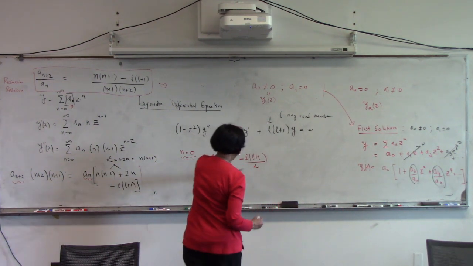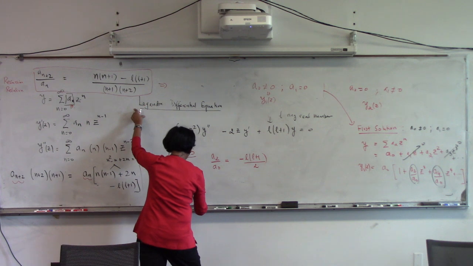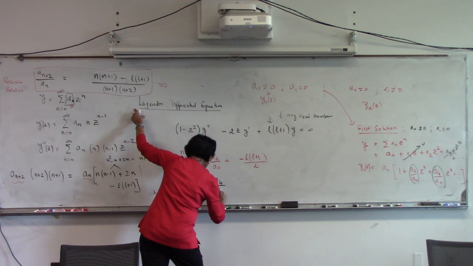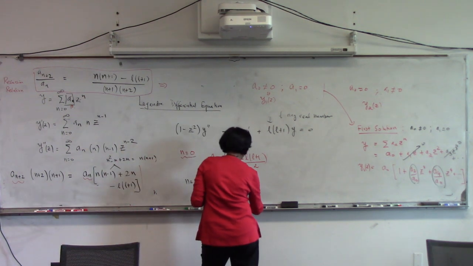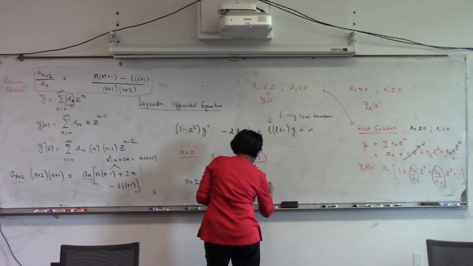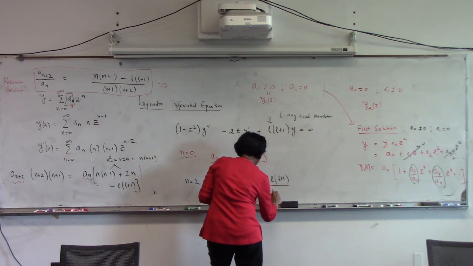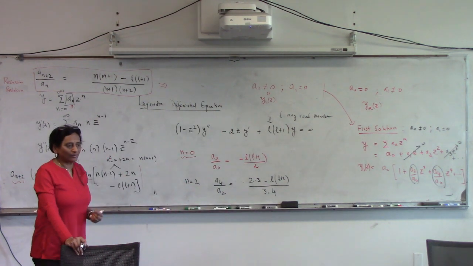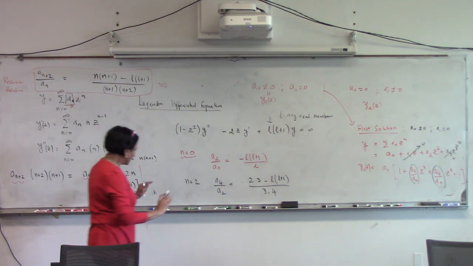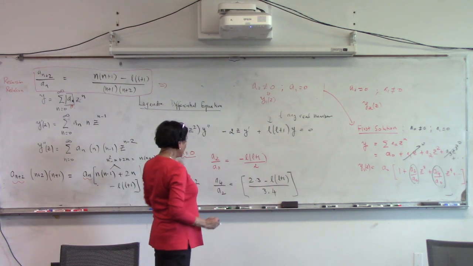All right, so A2 over A0 is that, and this relationship will also give me, for n equal to 2, A4 over A2, and from there I can get A4 over A0. So n equal to 2, so it is 2 times 3 minus L times L plus 1. 2 plus 1 is 3, 2 plus 2 is 4, okay? I'm writing like this because the tendency is to somehow make it 12, but then you cannot factorize it properly. So until you know what the form is, let's keep it like this and then start simplifying things.